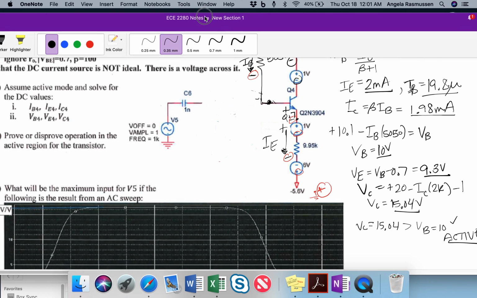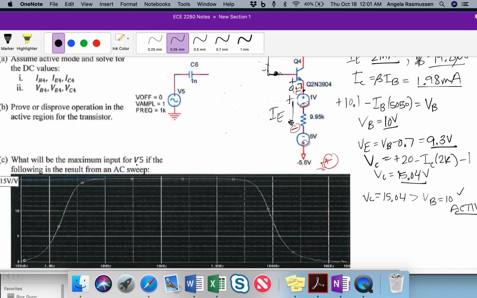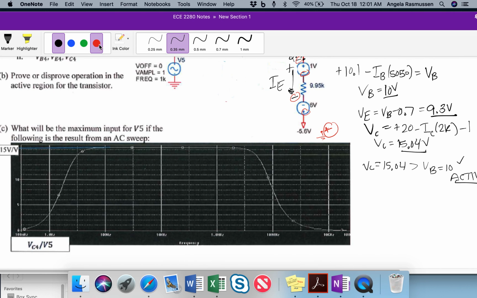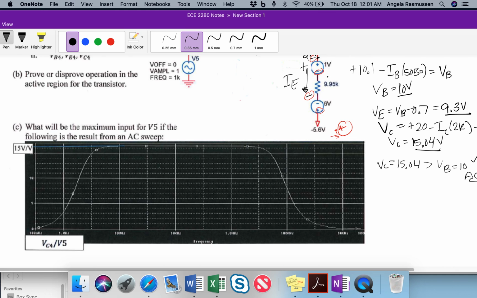The other part of this problem asked what will be the maximum input for V5, which you notice is here, if the following is the result from an AC sweep. This is the Bode plot simulation of this circuit, and you can see how it goes up and comes back down. The flat region is the range of operation that it can operate in, and it will have a flat value.